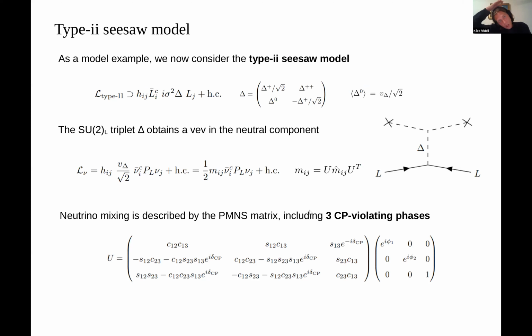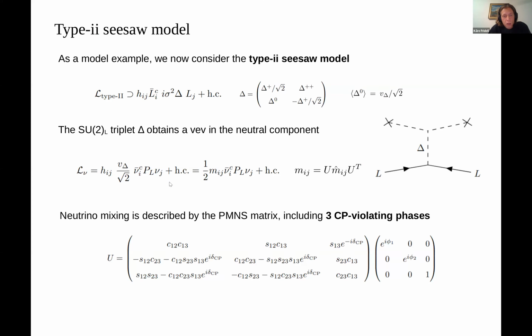As a quick UV completion example, we studied the type 2 seesaw model that I mentioned earlier, in which case we have a triplet scalar that gives mass to the neutrinos and gets a vacuum expectation value in its neutral component.